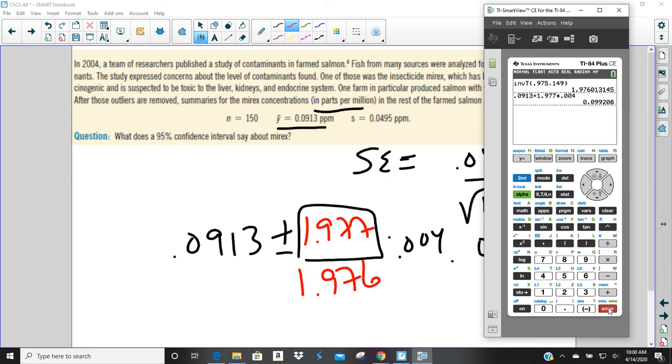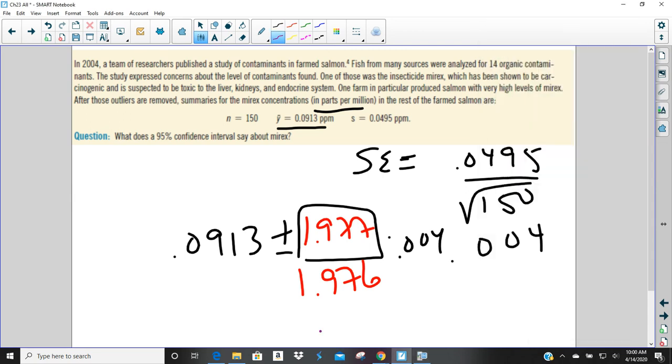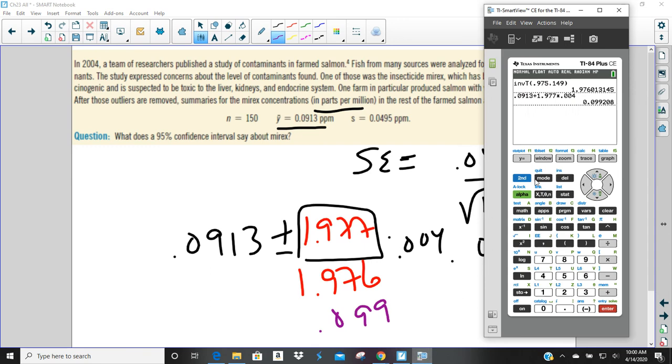Enter. So I get 0.099. And then I'm going to go back up and change it to minus. That gives 0.083.